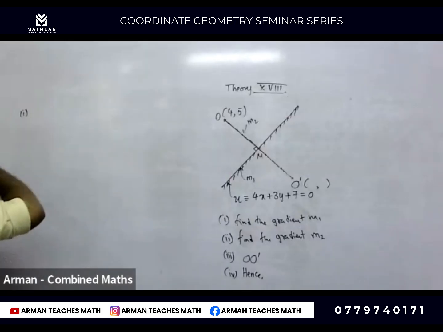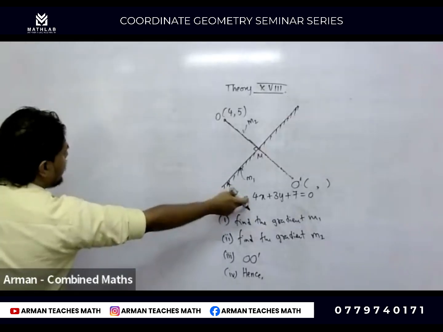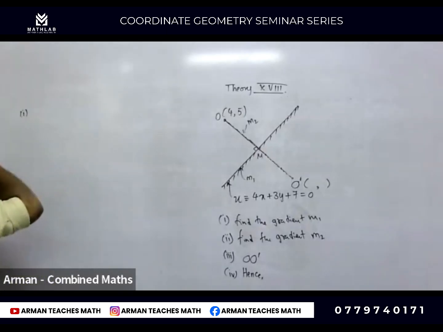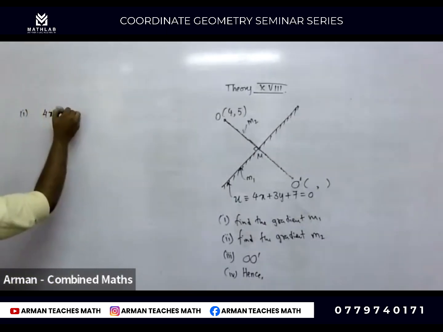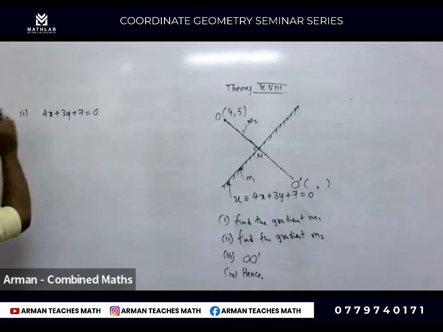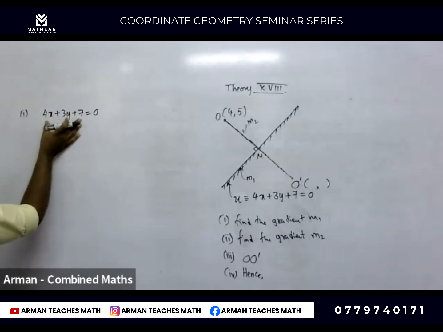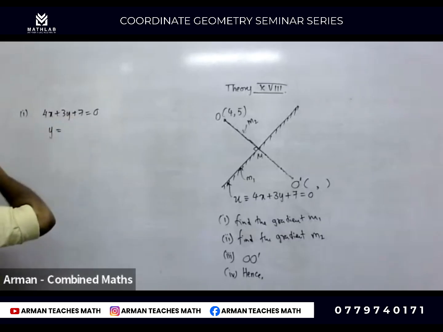Gradient m1. So we know m1 is the gradient of straight line segment u, no? What is the equation of the straight line segment u? 4x plus 3y plus 7 is equals to 0. So if you want to calculate the gradient, what's the idea? Write this in y equals to mx plus c format.